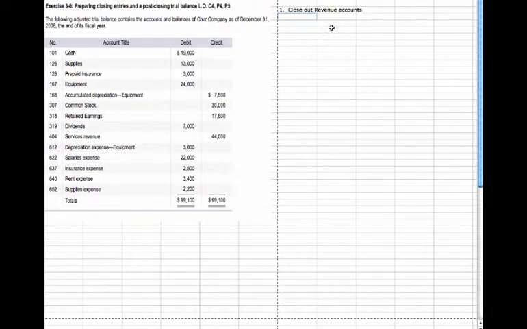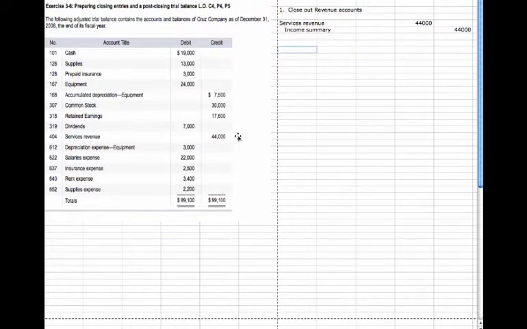So if it has a credit balance, we're going to need to debit the account. So we're going to debit service revenue in the amount of $44,000. We need then to credit income summary, which is our temporary account that we place our closing journal entries in.